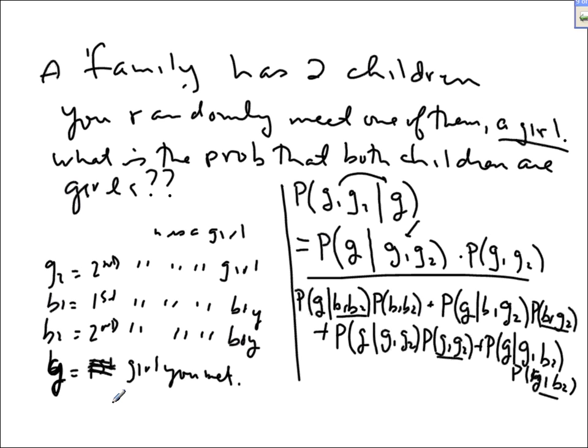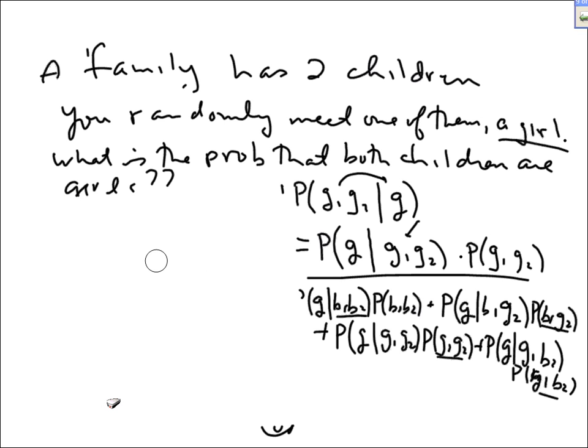You have two children. You can have boy, boy, boy, girl, girl, boy, and girl, girl. And each one of these are equally likely. Okay, let me erase some of this, and we will compute this probability. And we will come up with a third. Or was it 2/3? No, 1/3. Okay, equals.